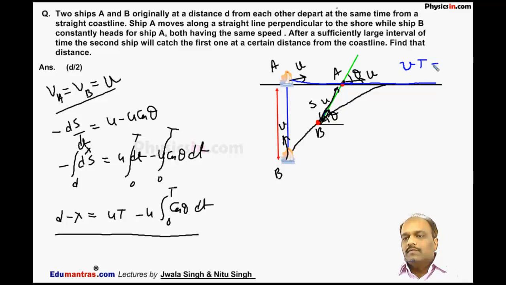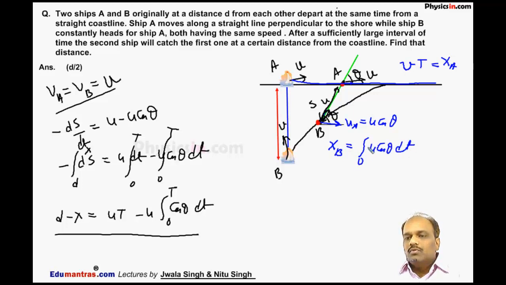This is the distance traveled by ship A, while ship B is moving along the x-axis with a speed of u cos theta. So the distance moved by ship B is integration of u cos theta into dt from 0 to t, and let this distance be xb, which is u integration 0 to t cos theta into dt.